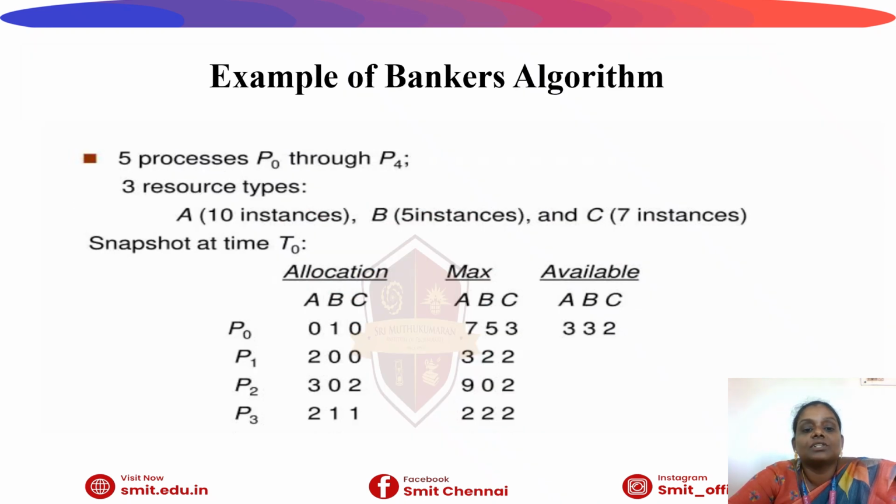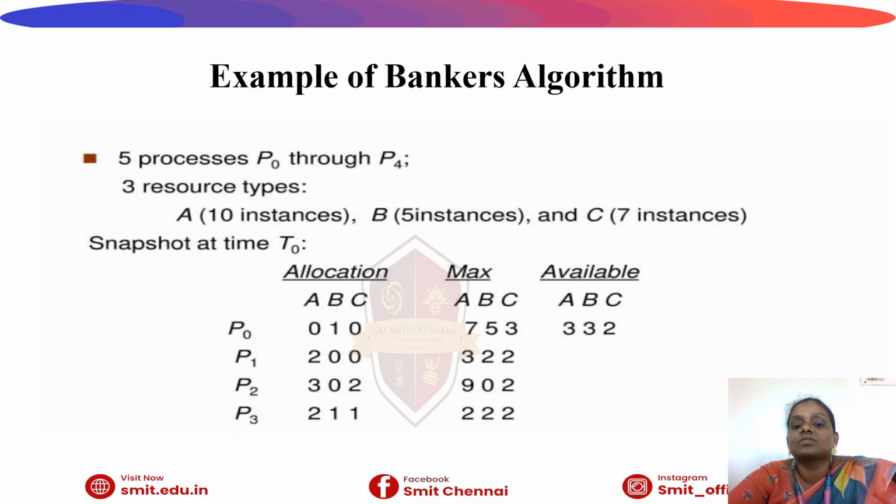For example, in Banker's algorithm, there are 5 processes, P0 to P4, and 3 resource types: A has 10 instances, B has 5 instances, and C has 7 instances. The snapshot at time T0: Allocation for P0 is 010, P1 is 200, P2 is 302, and P3 is 211.